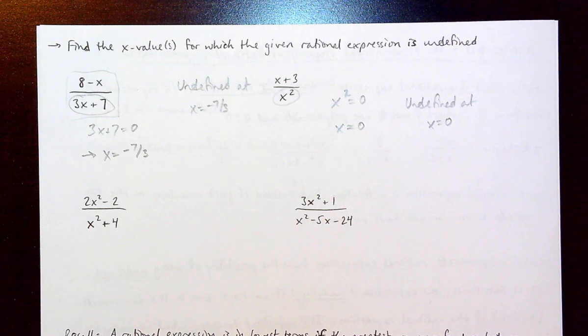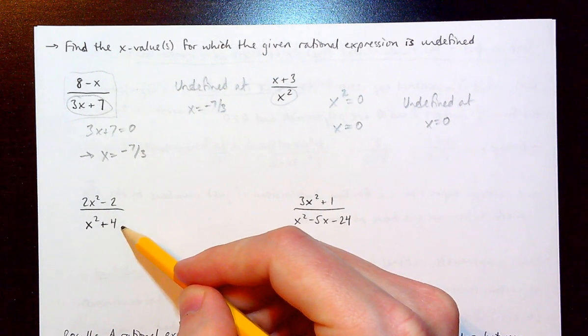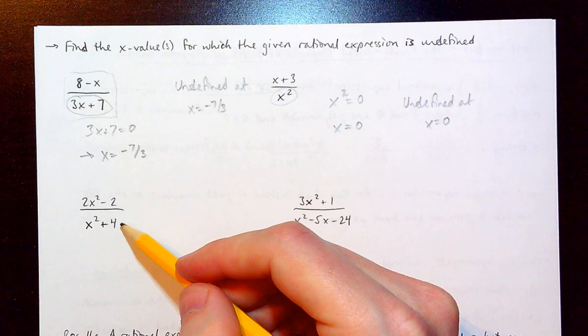Sometimes you don't have to worry about any values where the rational expression is undefined. Sometimes there are no x values that will make the bottom of your rational expression equal to 0. And that is one case of what is happening right here. x squared plus 4, we cannot break that down into any two factors.